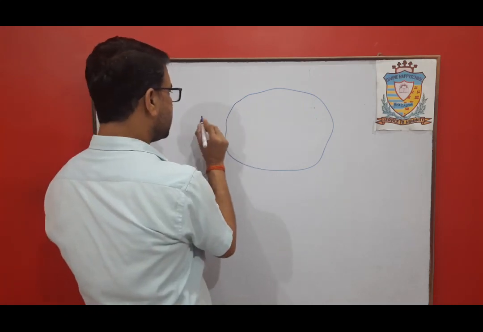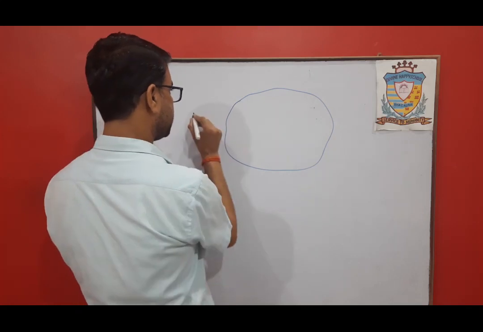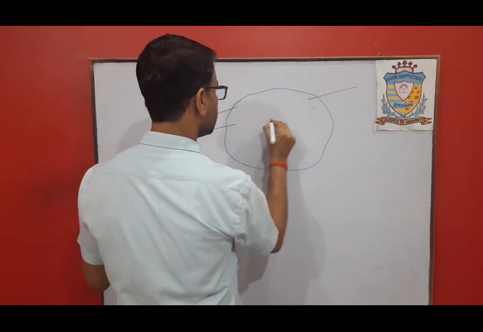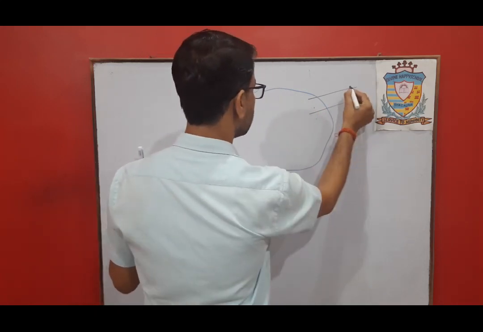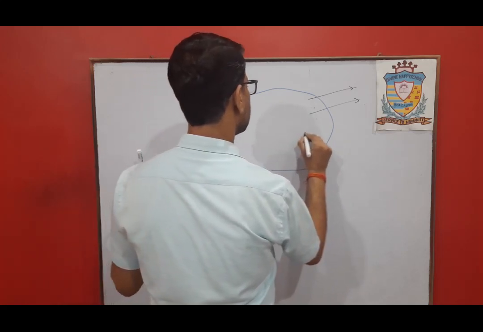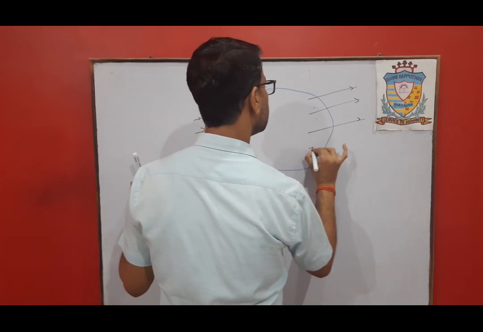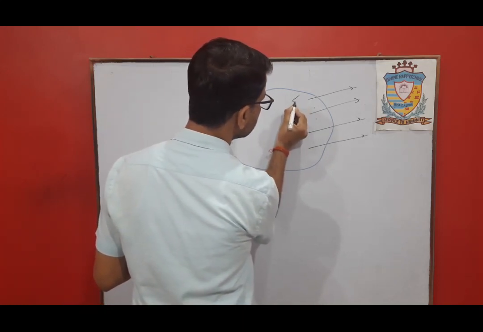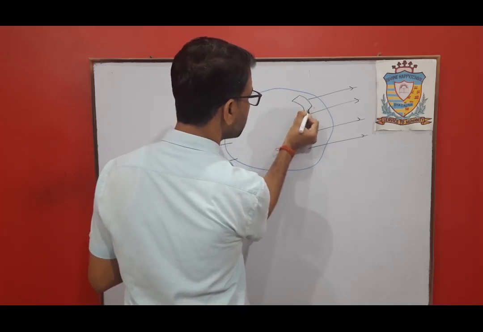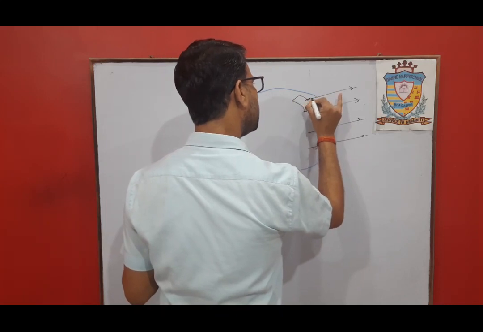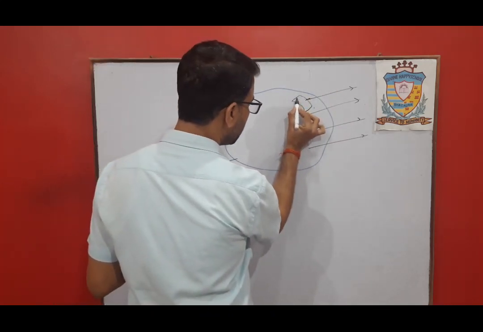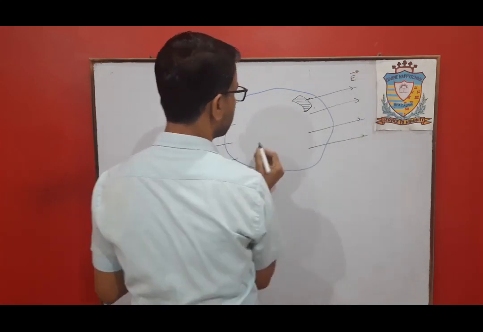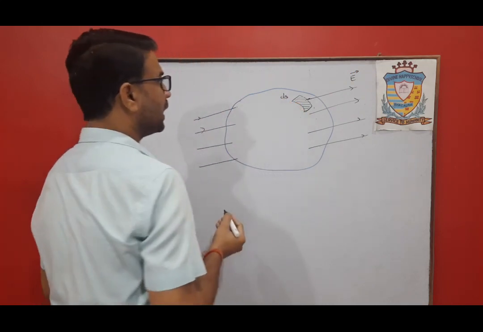Suppose this is the direction of electric field, and let the total area be S. Here we take a small strip having area ds.